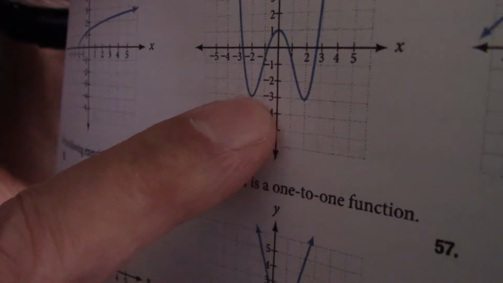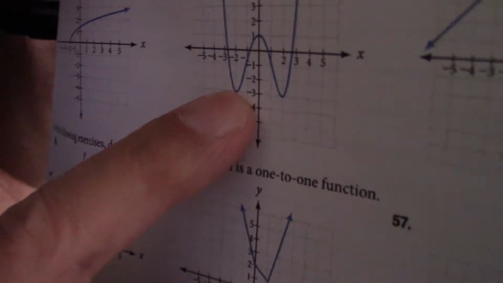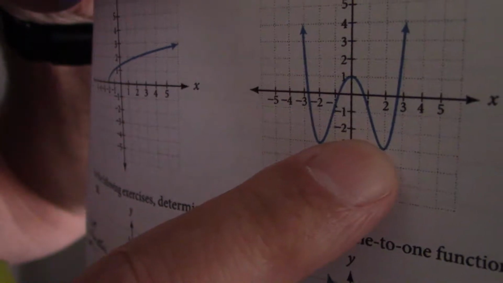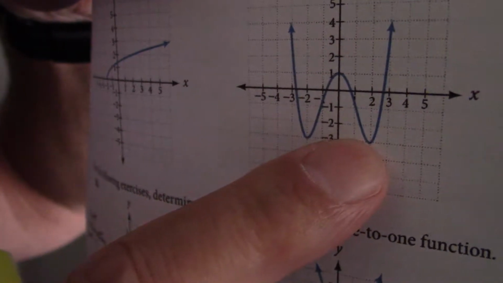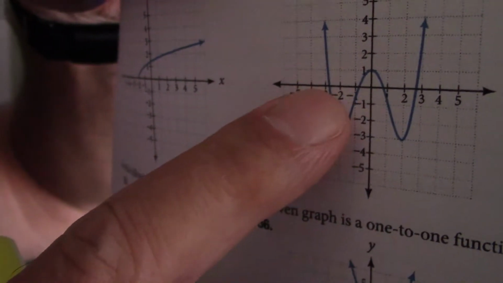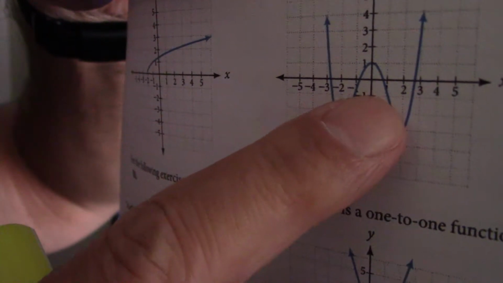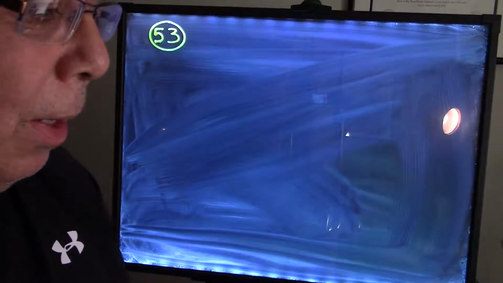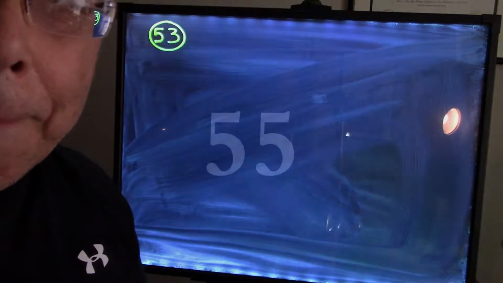What are the x values for those? Looks like negative 2 here, and positive 2 there. So x equals negative 2, y equals negative 3 over there. x equals 2, y equals negative 3 there. So you have two solutions. So there's part A and B.